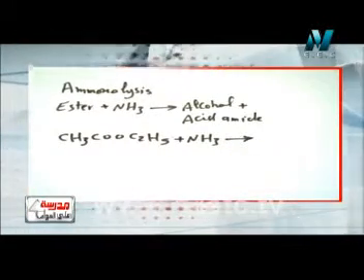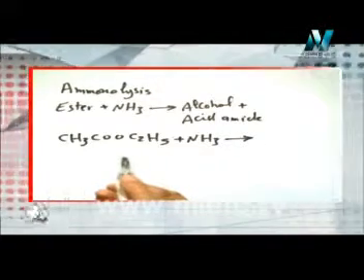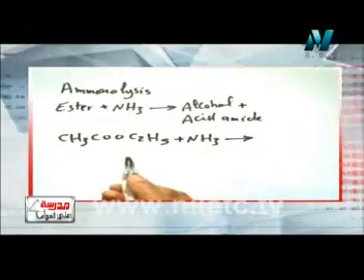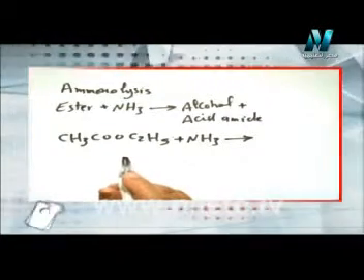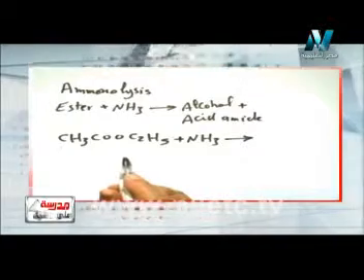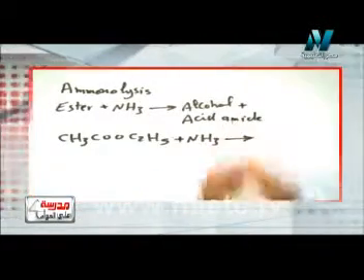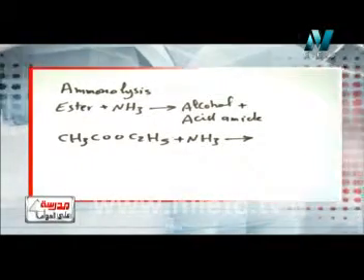Also it gives alcohol. These three properties of ester give alcohol: alcohol and acid in acidic hydrolysis, alcohol and salt in presence of alkali in alkaline hydrolysis, and alcohol and acid amide, which is called ammonolysis.